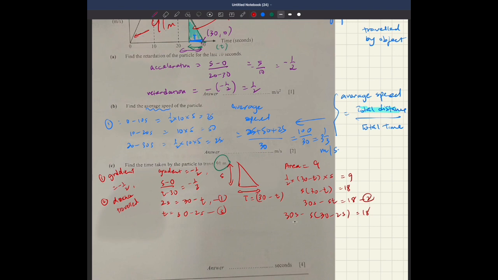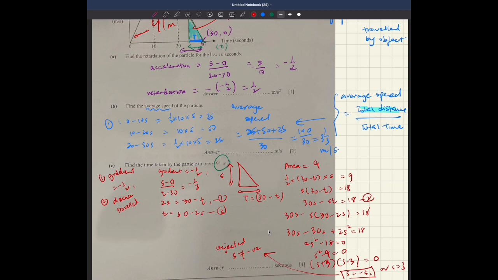So we can continue to solve, and you'll see that 30S minus 30S plus 2S squared equals 18. 2S squared minus 18 equals 0. S squared equals 9. S plus 3, S minus 3 equals 0. S equals negative 3, or S equals 3. So this one is rejected because S is a speed down there and S cannot be negative.